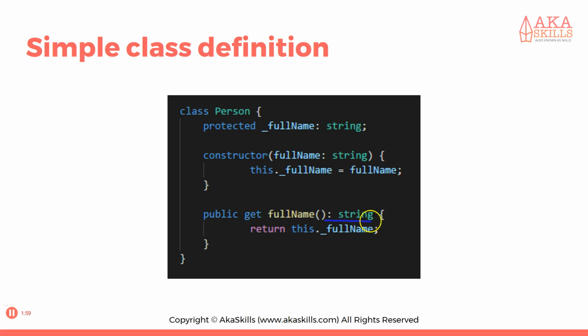This thing is returning a string, and that's the syntax. So first you have your access modifier, then get or set, depending on what property you want to set. You have fullName with brackets, and you say that you return string. What we're doing inside this property is returning this._fullName.